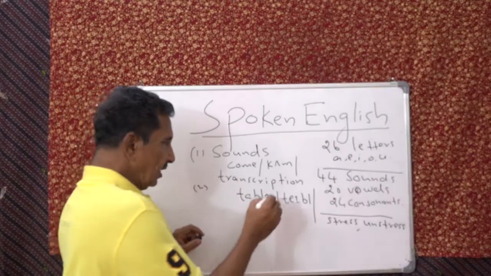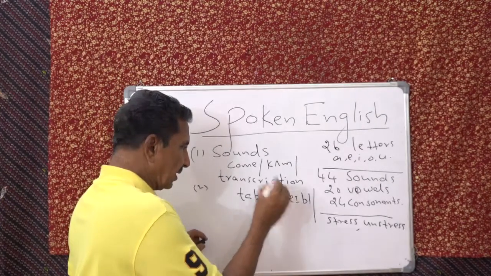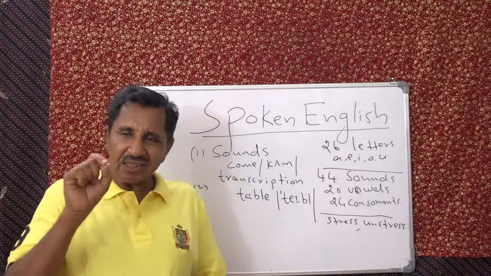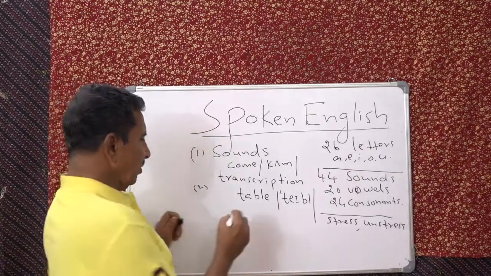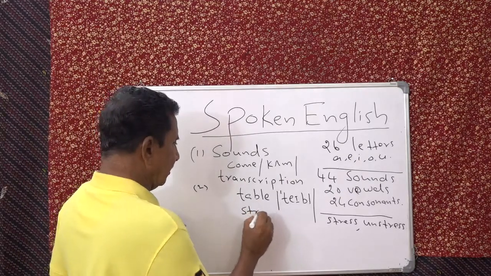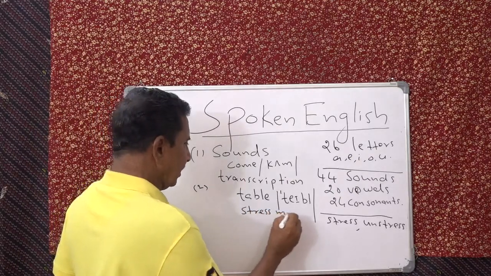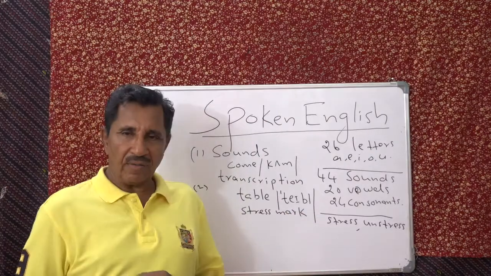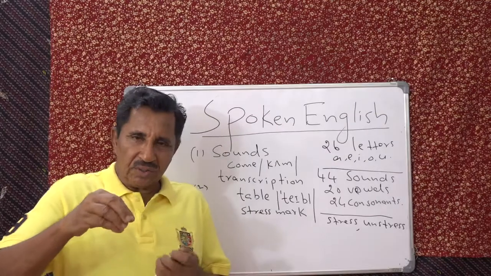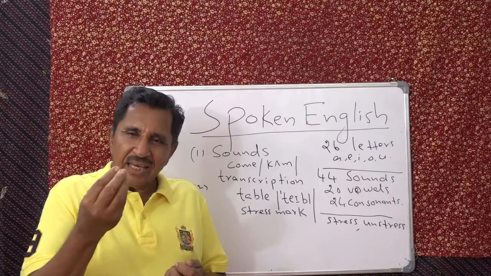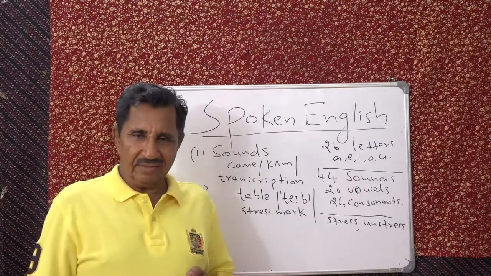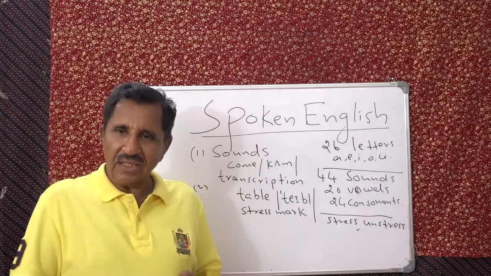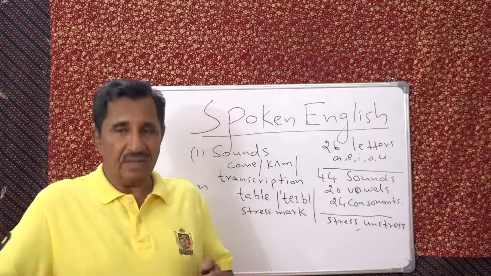And then here you will find a small mark. That is a stress mark. You call it stress mark. Now, wherever you see the stress mark, you should use a little more energy than you use for pronouncing other parts of a word.